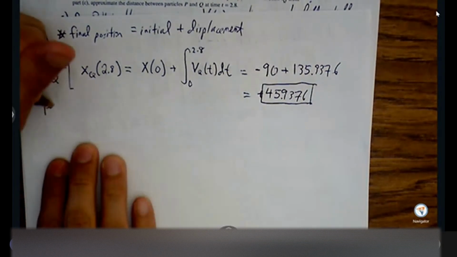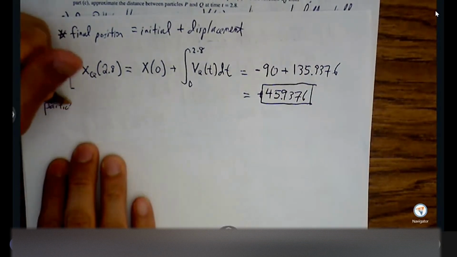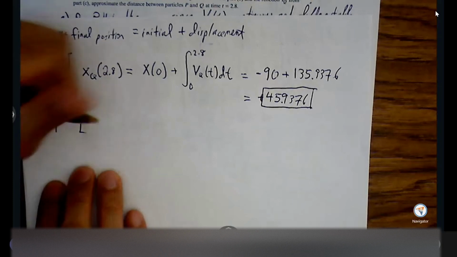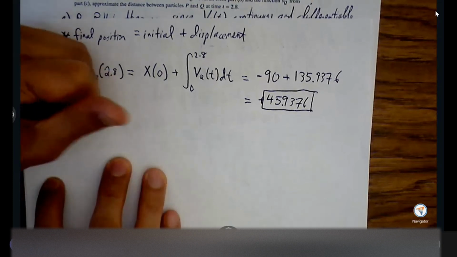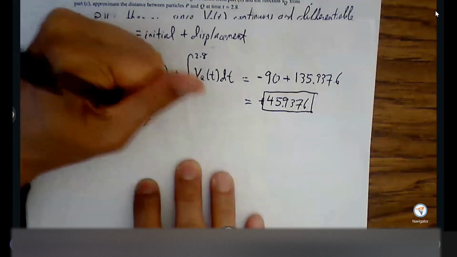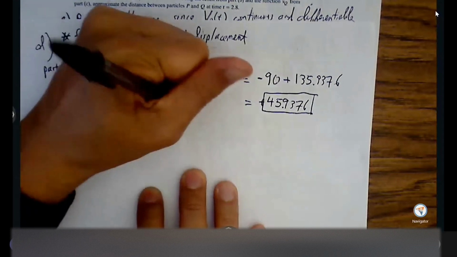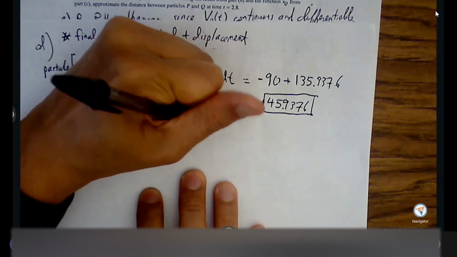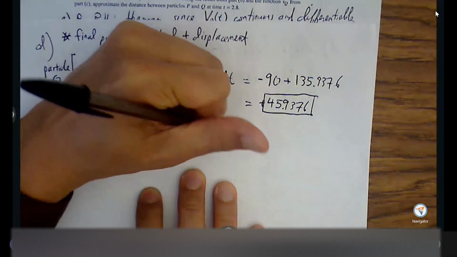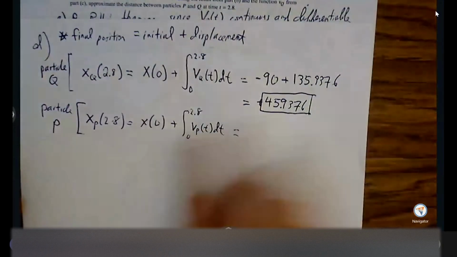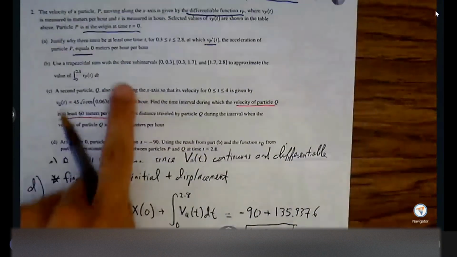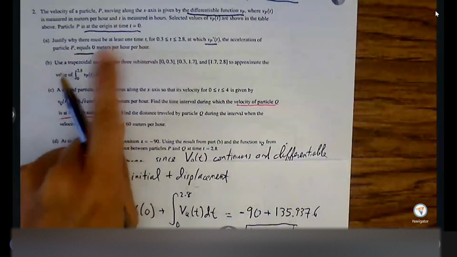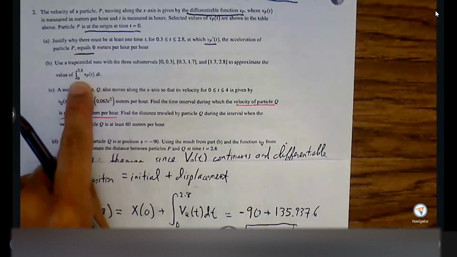Let's figure out where particle Q, or sorry, particle P is. Initial position plus displacement. But here, particle P starts off at the origin, which is 0. And then we'll just use what we got from part B, right?